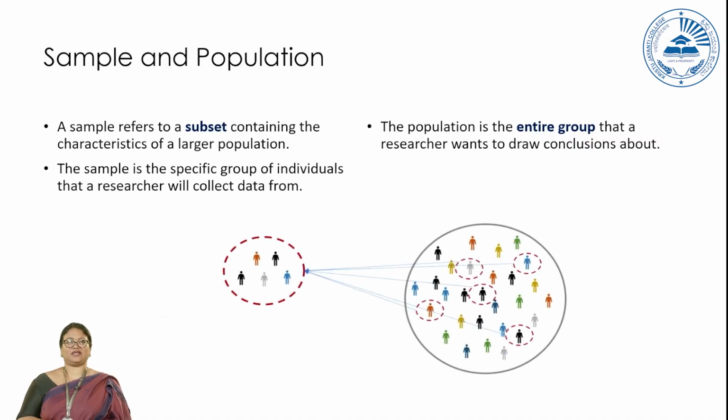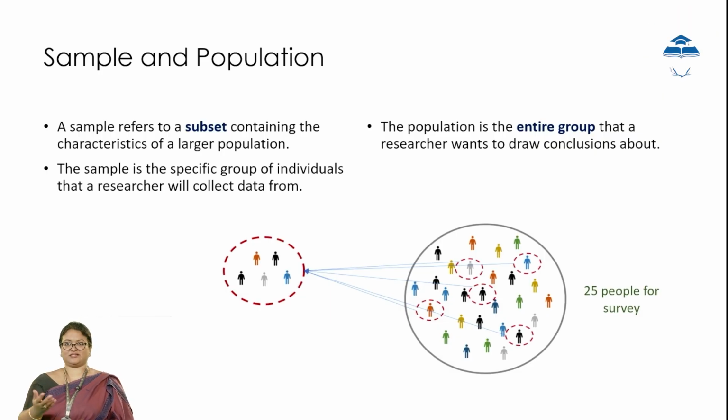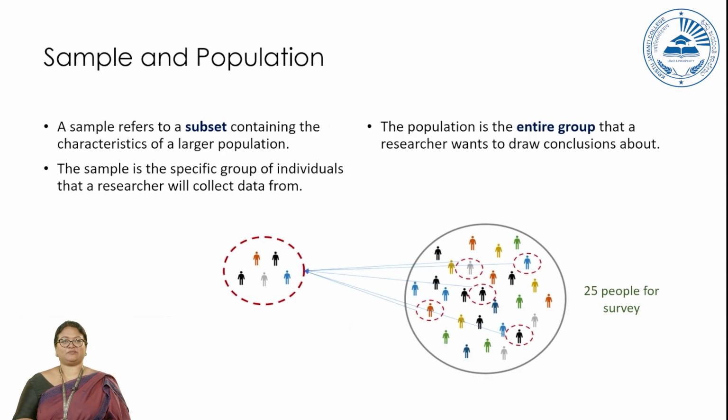Let us look into a small example to understand this better. Over here we have a larger group on your right side, and on the left side you have a small section of that large group. In the image, you can see that the smaller group is chosen from the larger group. So let's take an example of 25 people for doing a survey, and I want to find out the effectiveness of an advertisement on the group, that is 25 people.